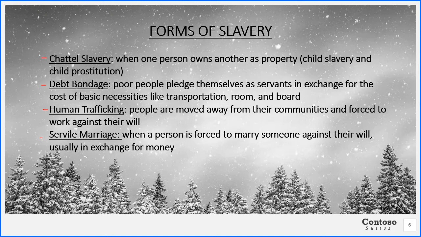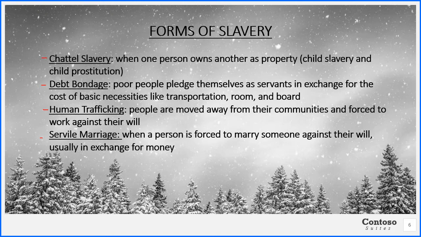So we'll pay for your airfare from Bangladesh to England, and we'll put you up in a room when you get there. We'll make sure that you're fed every day, but in exchange, we're going to take you to England so that you can be a servant, maybe be a nanny for a really rich family or a housekeeper. So it's debt bondage. You're kind of in debt to them for providing for the basics for you, but in exchange, you're kind of left to their whims.